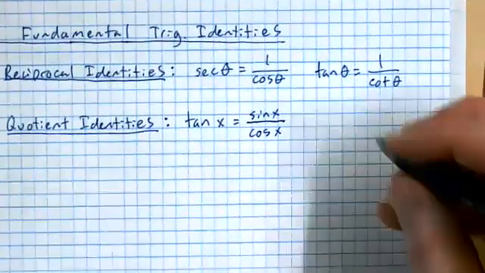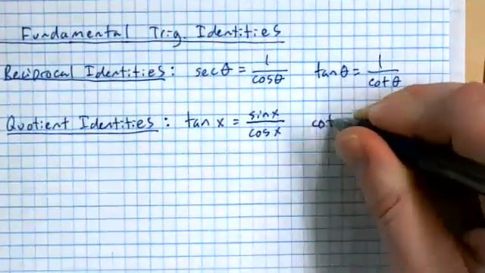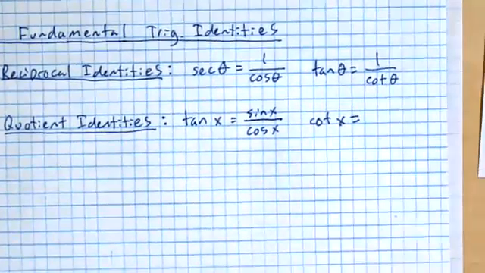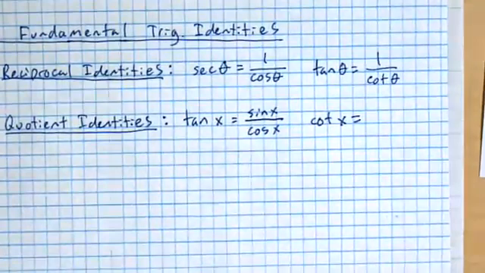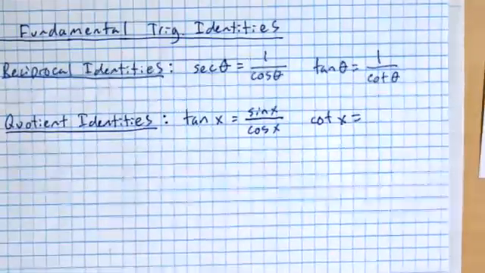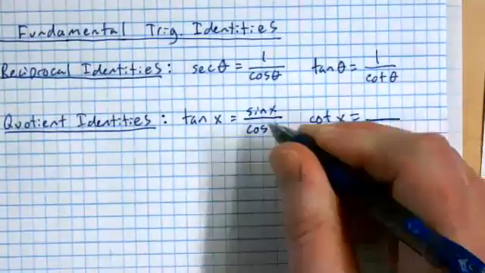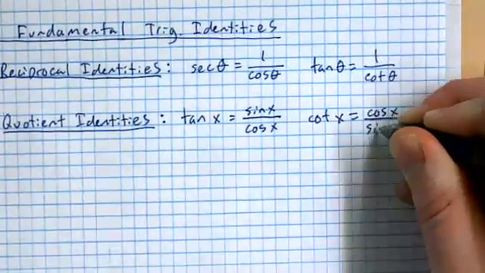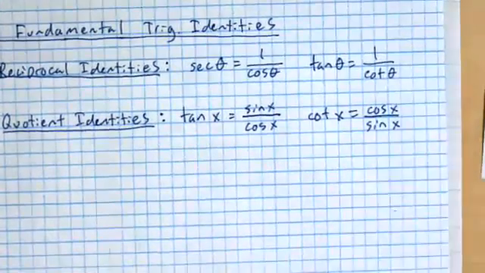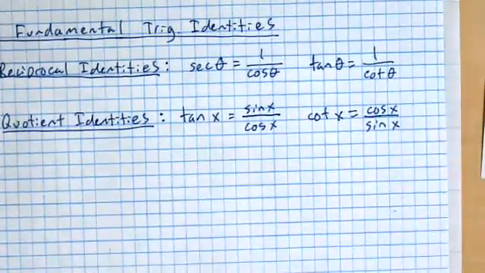We didn't use cotangent that much back in chapter 4, not in this context. But knowing that cotangent is the reciprocal of tangent, we should be able to write a fraction for cotangent also, right? What is the reciprocal of sine over cosine? Cosine over sine. Bless you. Not a whole lot to say about that one either.